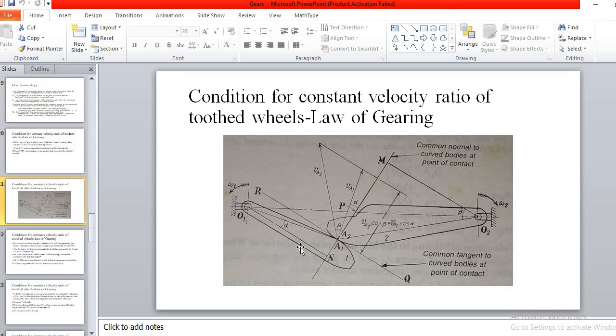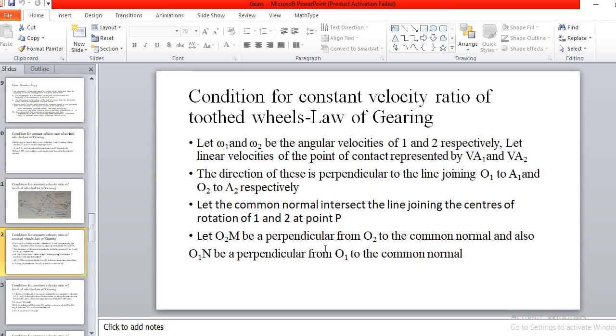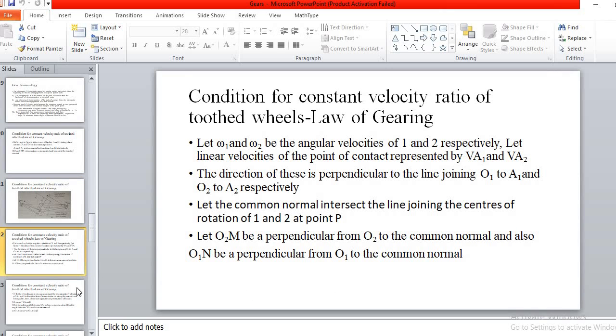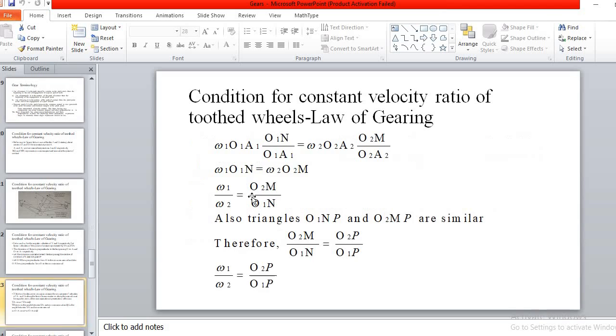We prepare here two triangles, O2A2M and O1A1N. O2M and O1N are the perpendiculars to the common normal.